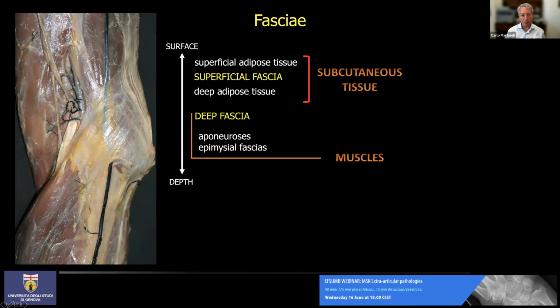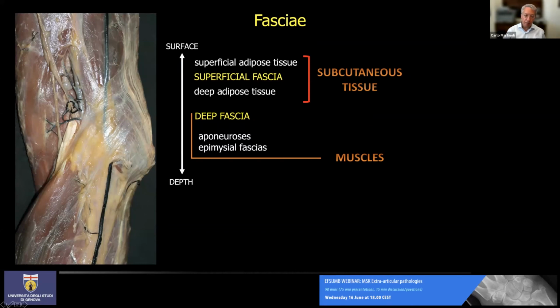So moving to fascias, remember that we have to consider a superficial fascia and a deep fascia. The superficial fascia is embedded in the subcutaneous tissue, and it separates the superficial fatty lobules from deep fatty lobules.